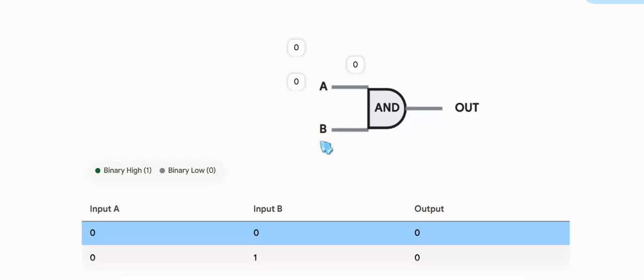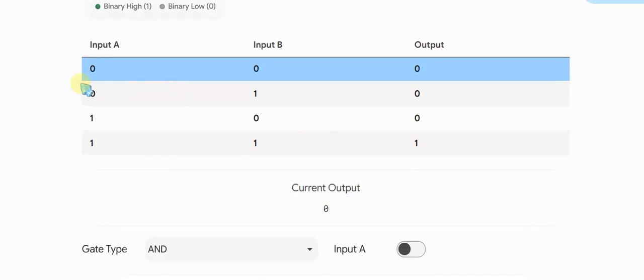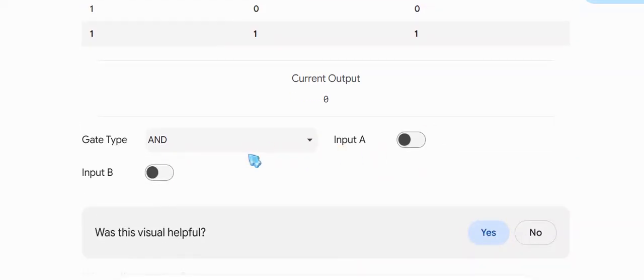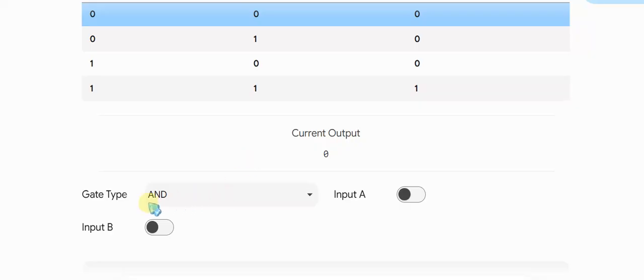This is the diagrammatic way, and sometimes it is the truth table way, where inputs A and B are written, and then how the output is calculated. Now you can see, first of all, the gate type. Gate type means we have taken an AND gate, and this time input A and input B are both in the low state.